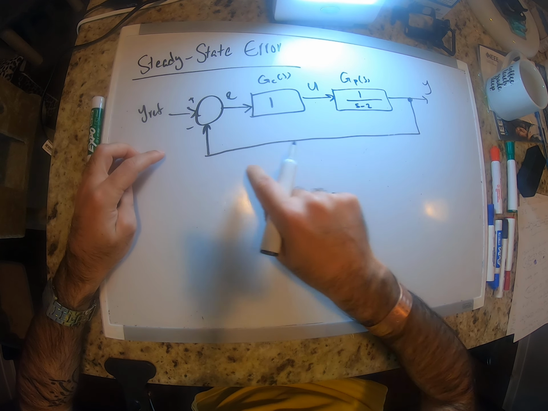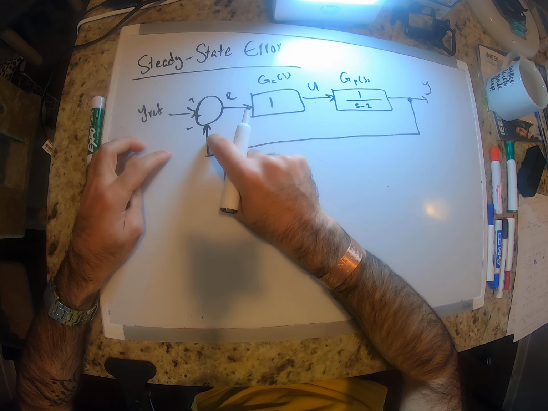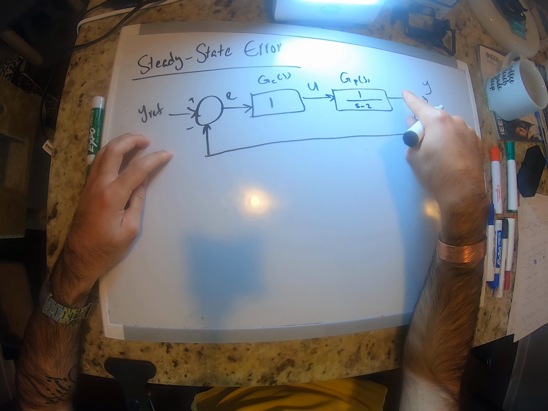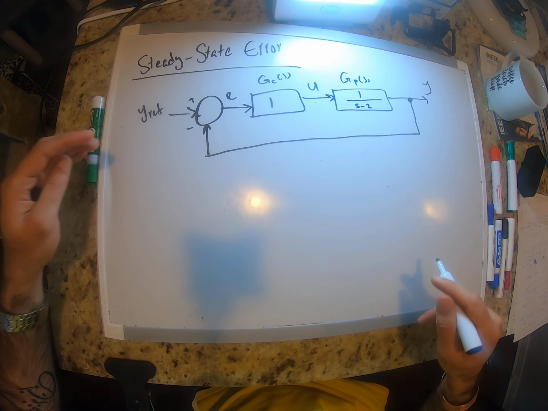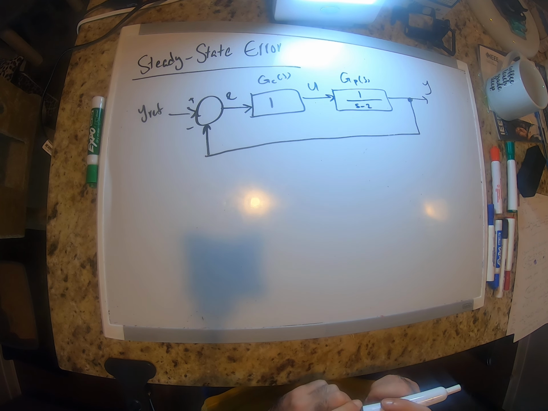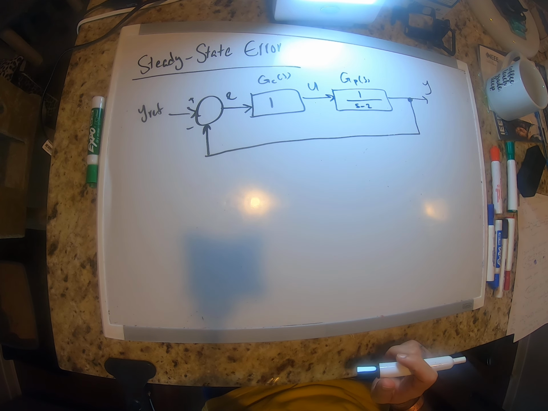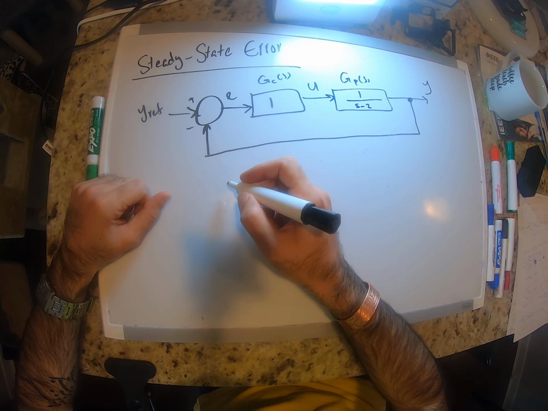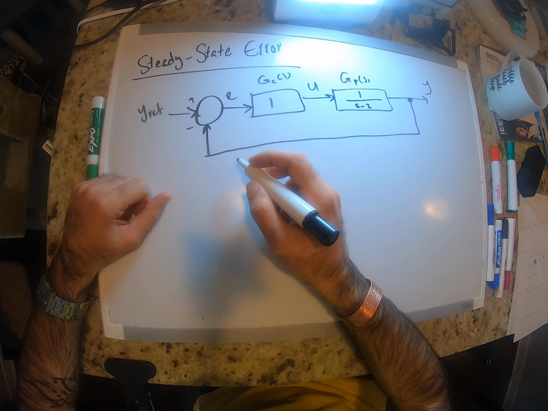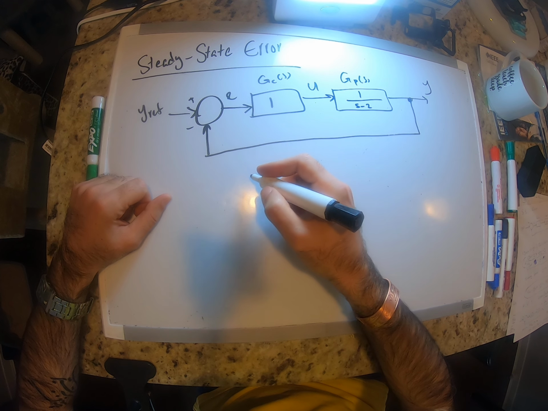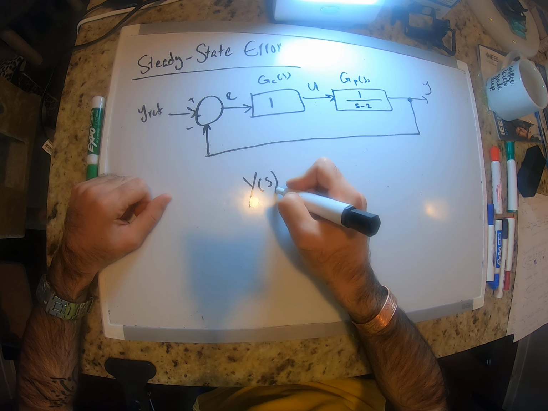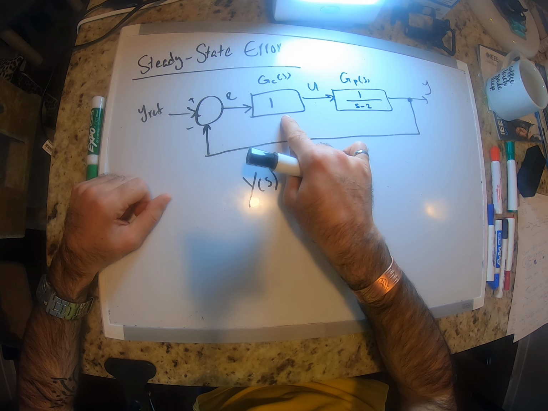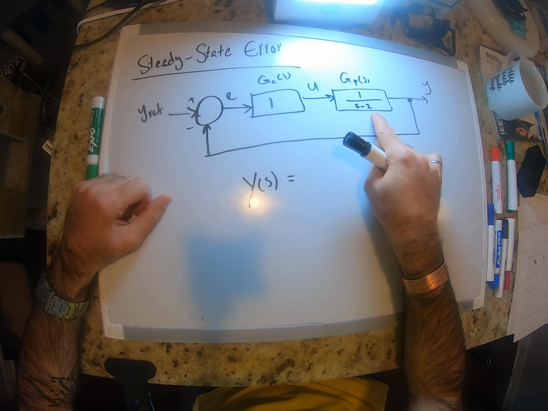So here we measure the output, we find the error, we adjust the U, and then we feed it towards our transfer function. So let me just write down some equations in the S domain. I just want to find Y of S. Y of S is error times 1 times 1 over S minus 2, right?